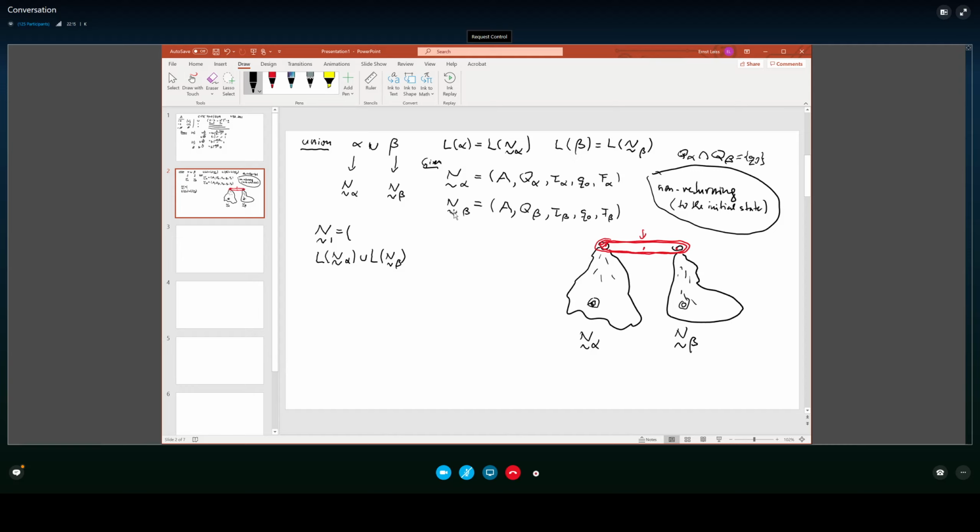Look, from the drawing here, I obviously am assuming that. If I were to have some states in common in N sub alpha and N sub beta, I might end up with something like this. Obviously, that doesn't make any sense, that there are states in common.